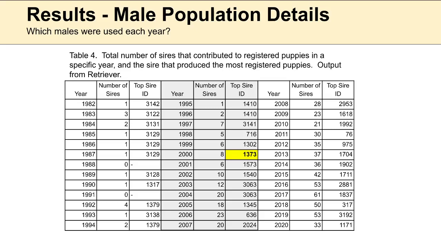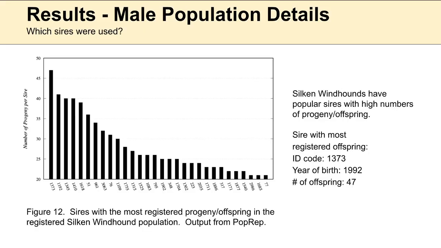But the one that is most important on this table, the most notorious, is sire number 1373. And what this chart from PopRep is telling us is what sires had the most registered progeny in the entire registered Silken Windhound population.